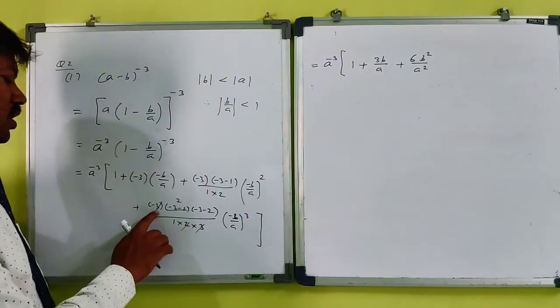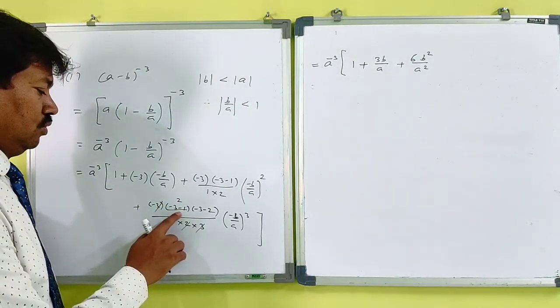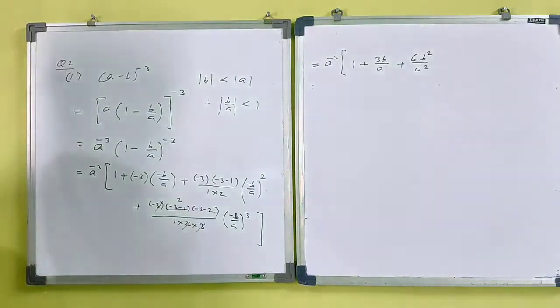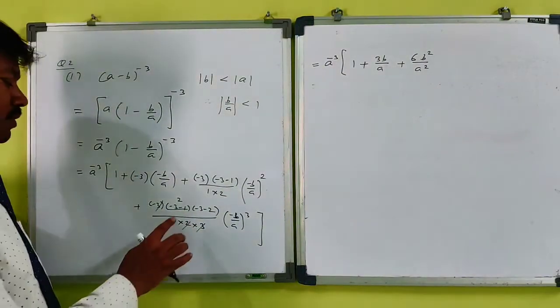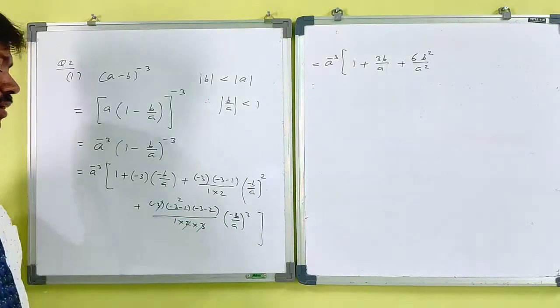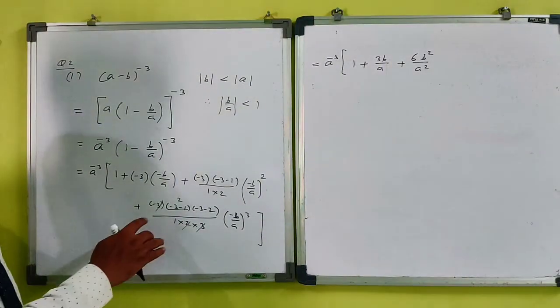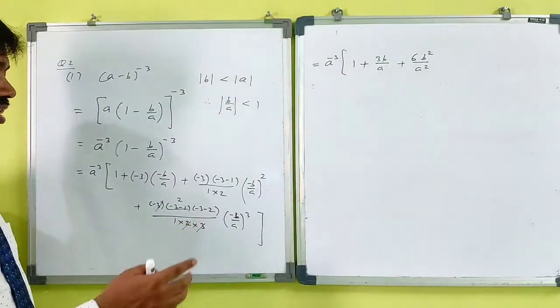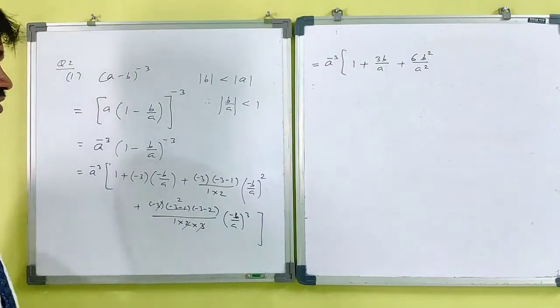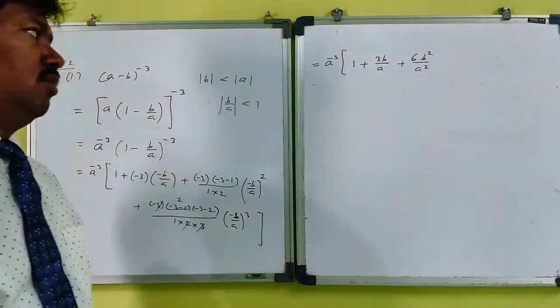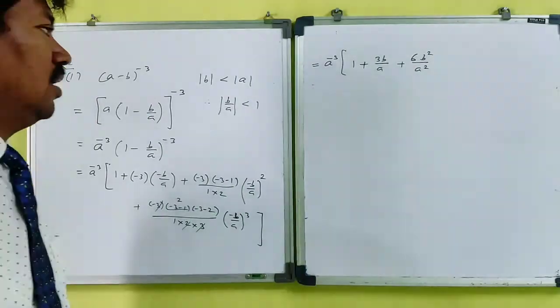Now minus 3 into minus 4 into minus 5, that is 5. 2 into 5 is 10. All 3 are negative and this 4 is also negative, so the negative brackets make it plus 10.